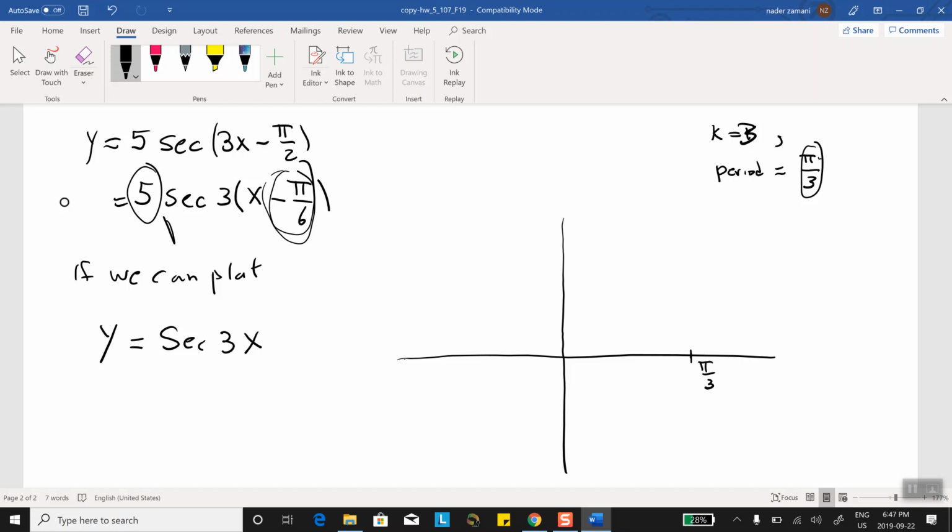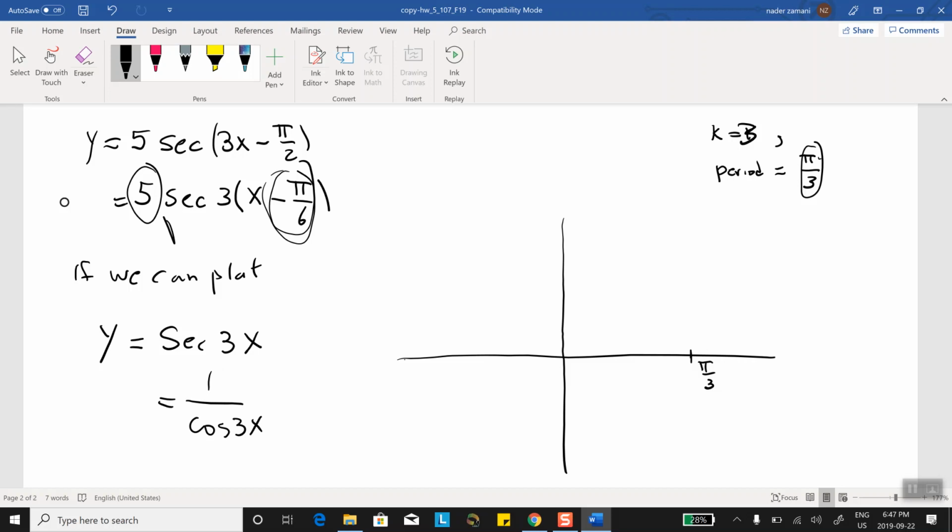Now secant, let me remind you what this is. This is 1 over cosine of 3x. So every time cosine of 3x becomes 0, we have a problem.